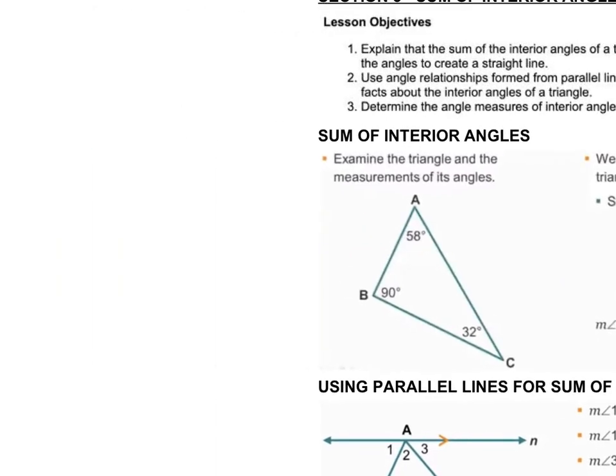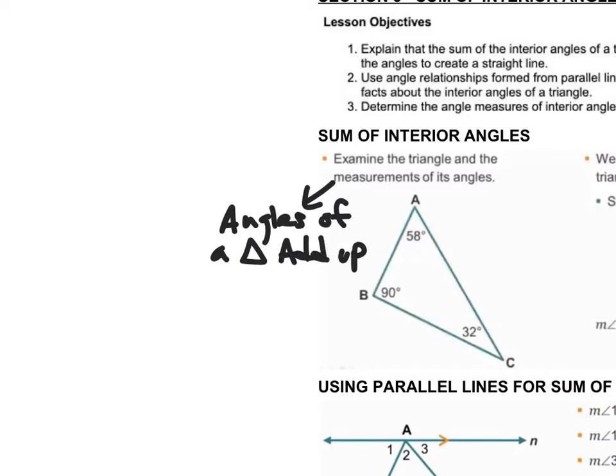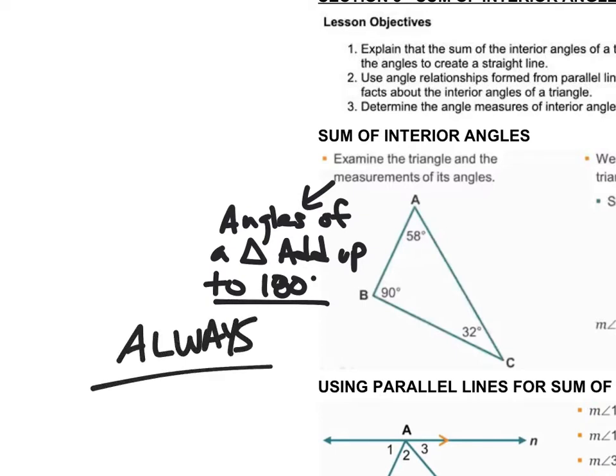So what I want you to say is that the angles of a triangle add up to 180 degrees. Always, okay? This is something that will always be true.